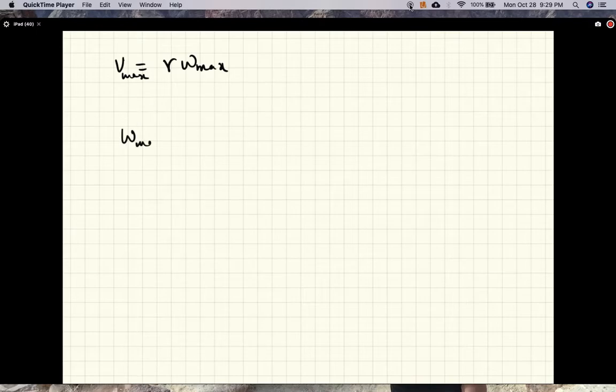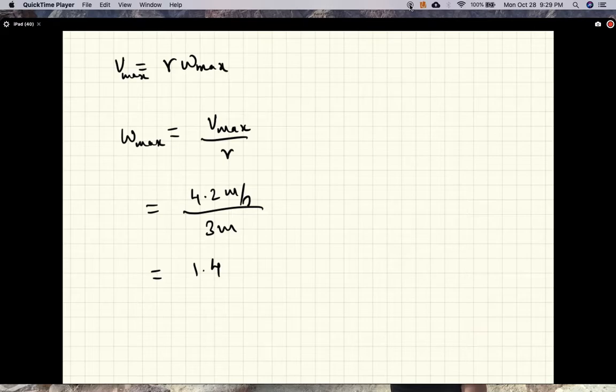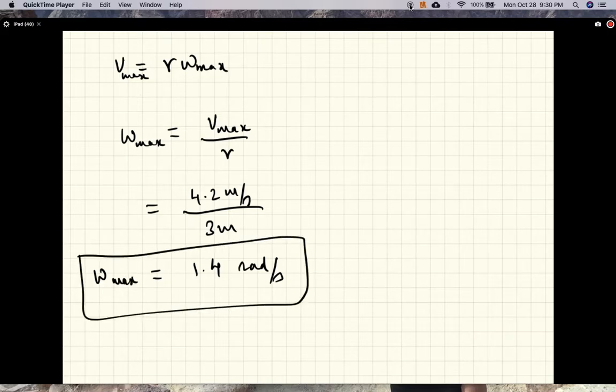The maximum angular velocity the merry-go-round can have before the child will slip is 4.2 meters per second divided by 3 meters, and this is equal to 1.4 radians per second. So that is the maximum angular velocity that the merry-go-round can have before the child will slip.